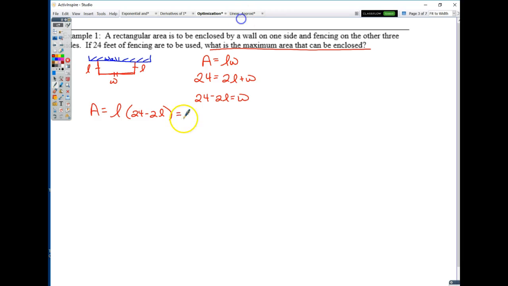Or simplifying that down a little bit, 24L minus 2L squared.